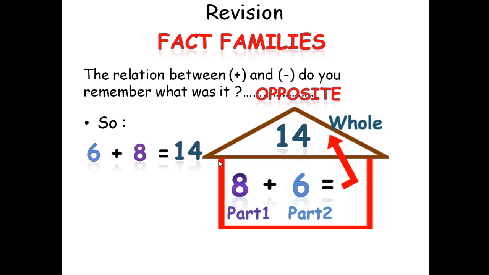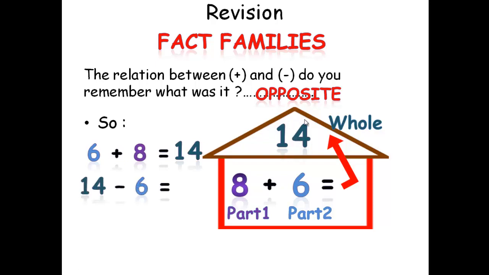Now, remember what we said yesterday: in subtraction, the first number always should be big. So where is the big number for these three numbers? Is it 8 or 6 or 14? Very good, it's 14. So I can start with the 14 and I will take the 6.